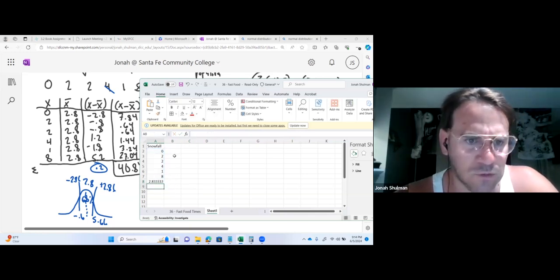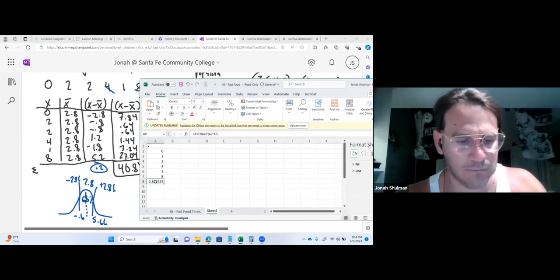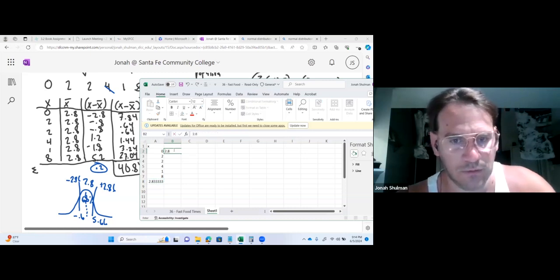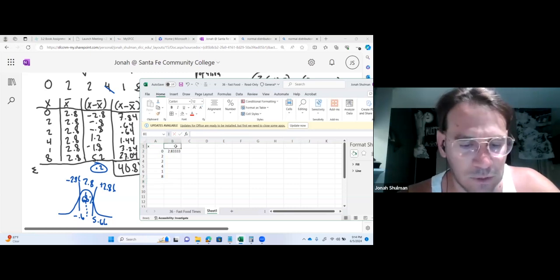Boom. So 2.8333. Yeah, that's exactly what we got. Now we're going to actually make the chart. Oh, I have to write 2.8333, whatever we want, here. Okay, so this is going to be our mean.